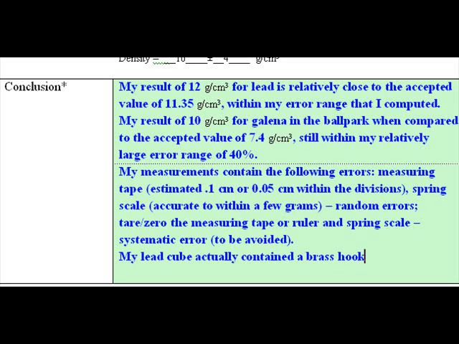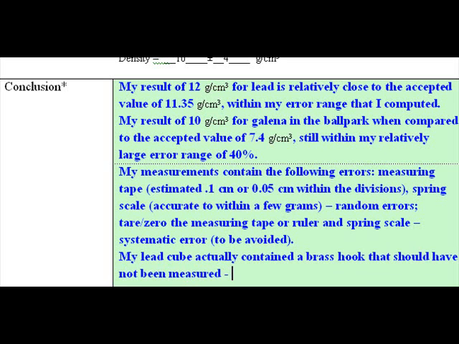But I tried to take it off beforehand and I couldn't, and besides it was actually convenient to hook it onto the spring scale. So my lead cube actually contained a brass hook that should not have been measured, but it did, and again that would be a systematic error, which in this case I couldn't avoid.